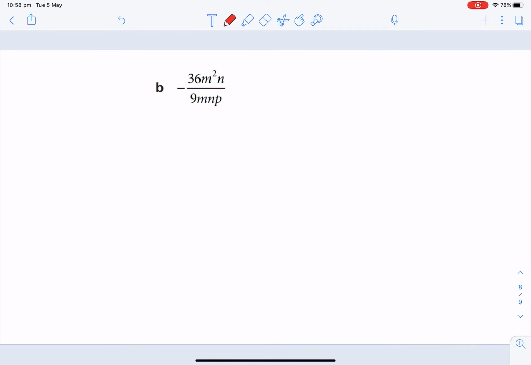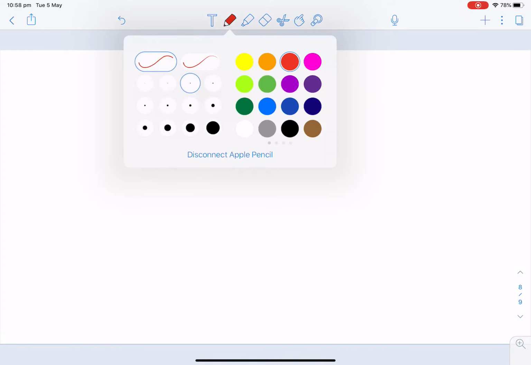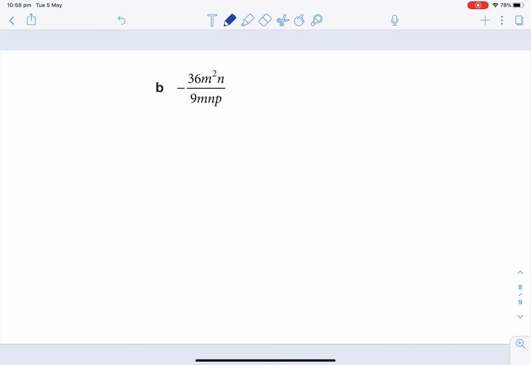I have another fraction. So I'm going to do this by hand as well and then show you what to put into the CAS. So we have negative out the front and then we have 36m squared n and 9mnp. First of all, my highest common factor.